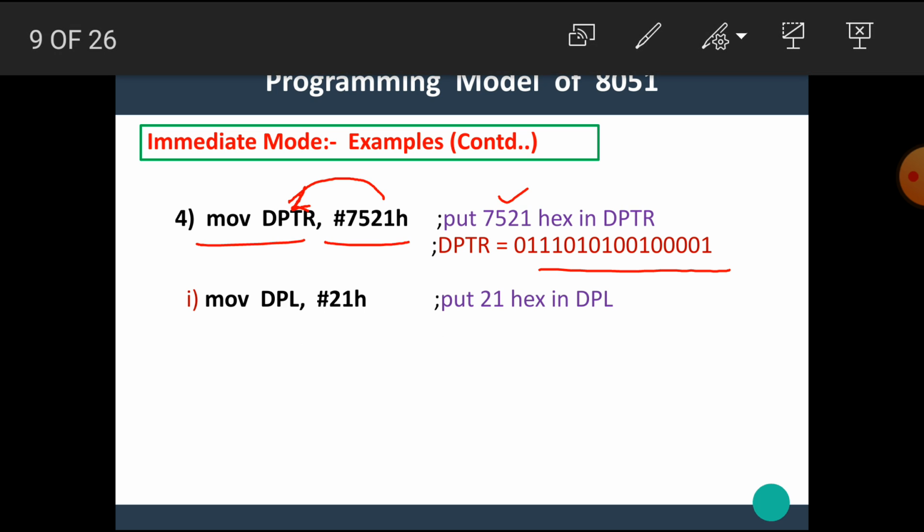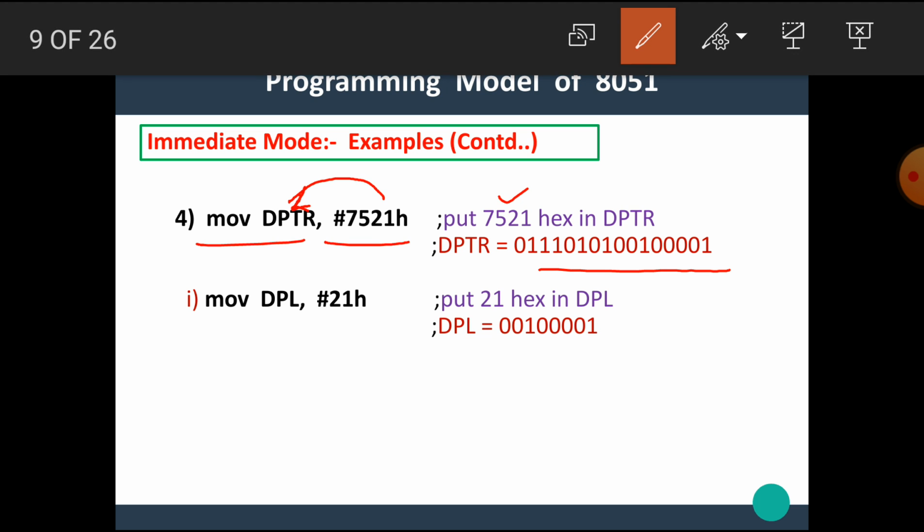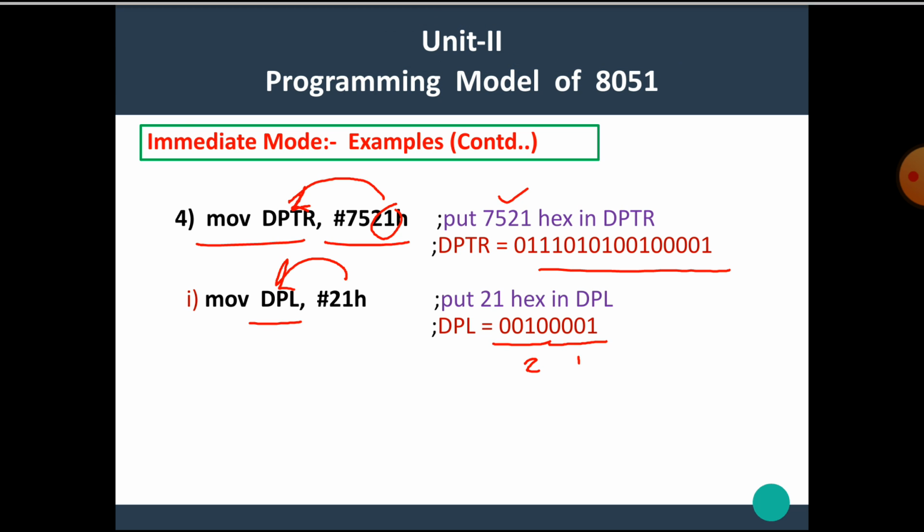This instruction can also be written as MOV DPL, that means DPTR low byte, #21H, that means 21H data is immediately loaded into the DPL register. After execution of this instruction, we get the 21 value in the DPL.